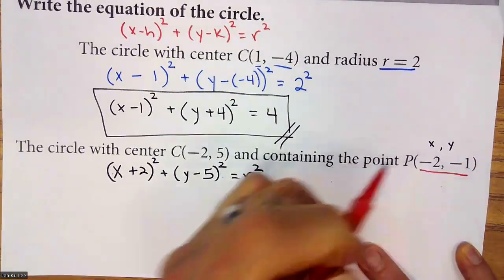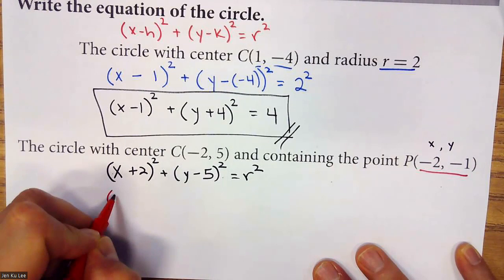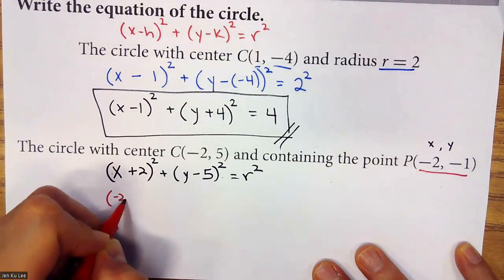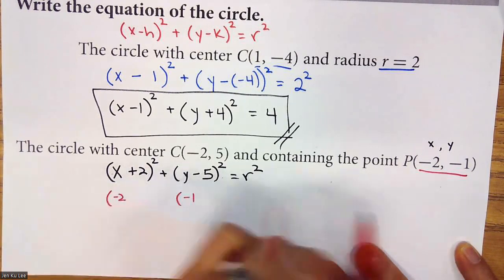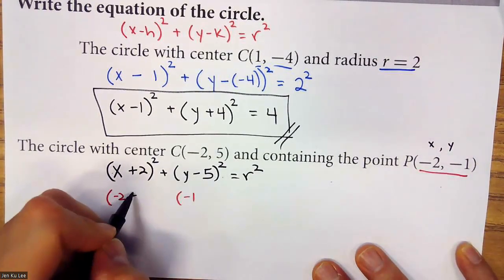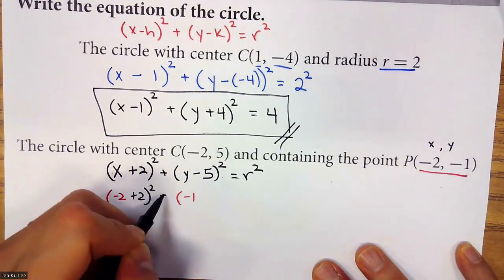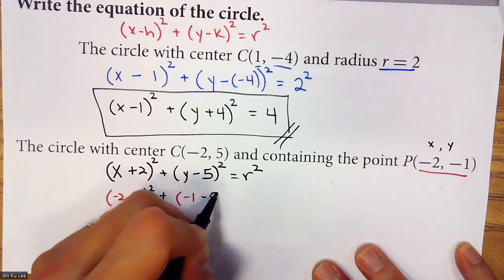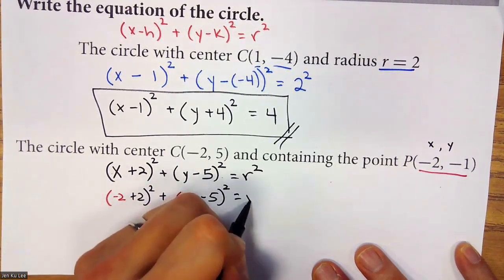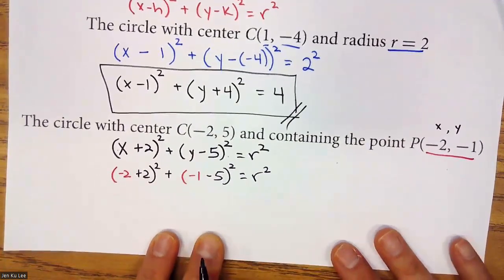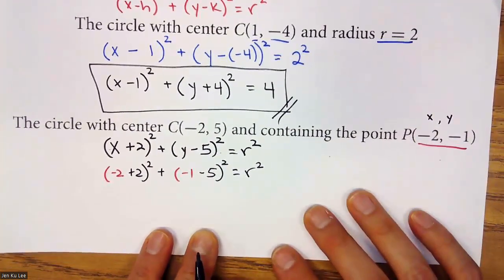And I'm going to plug in negative 2 and negative 1 into my equation. So negative 2 plus 2 quantity squared plus negative 1 minus 5 quantity squared equals r squared. And now I'm going to solve for r.